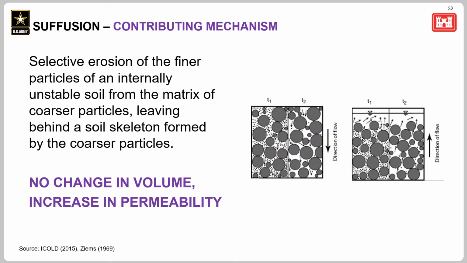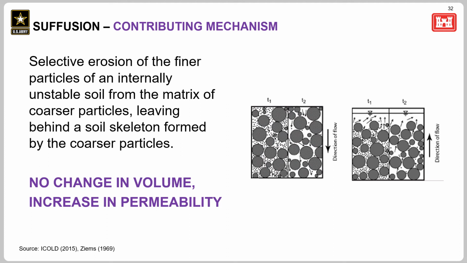Suffusion is generally a contributing mechanism for other internal erosion processes. Remember, suffusion is the selective transport of fine particles from within a matrix of coarse particles, and then when those fine particles are removed from the coarse matrix, they leave behind the coarse skeleton. The effective stresses in this case are not loading the fine particles, so there's little to no loss of matrix integrity or change in volume.